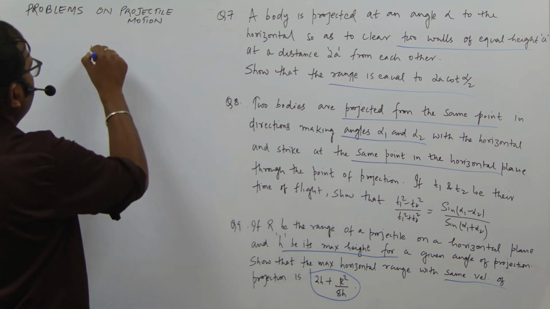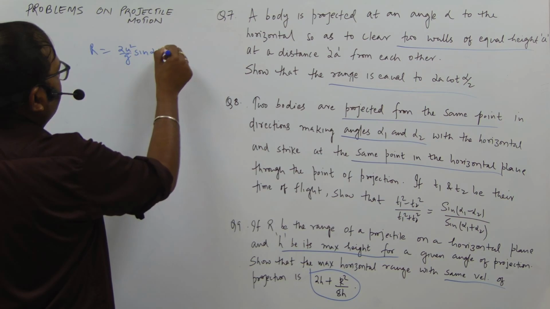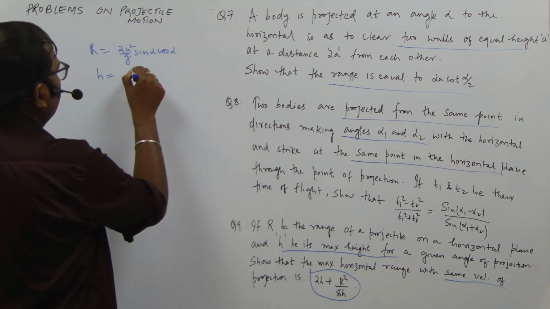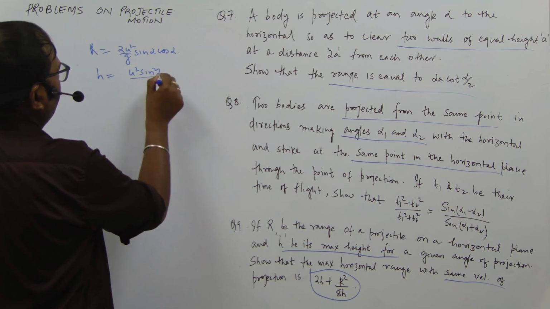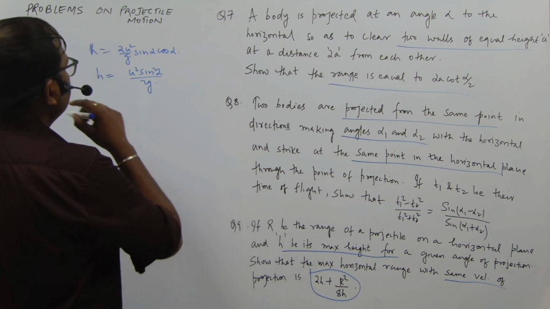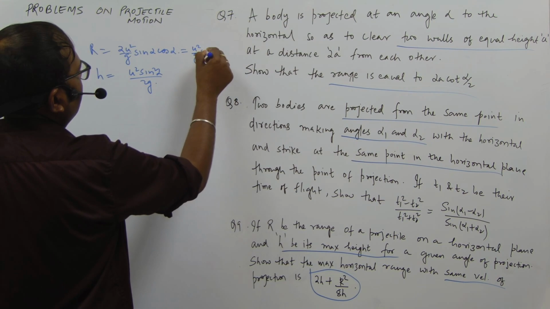So R is equal to 2u square upon g sin alpha cos alpha, and the maximum height h is equal to u square sin square alpha upon 2g. And R max is u square upon g sin 2 alpha.